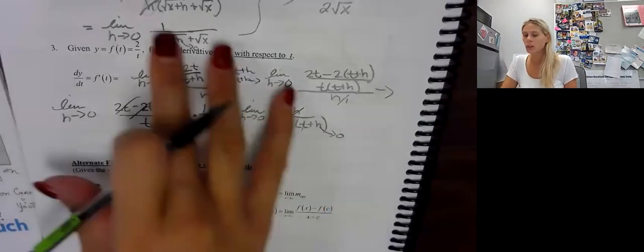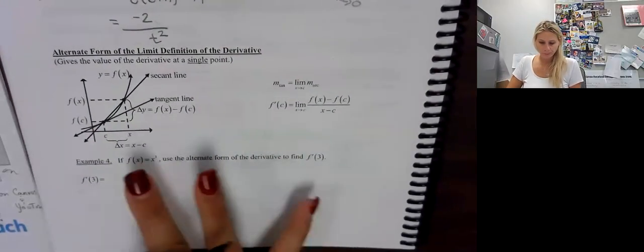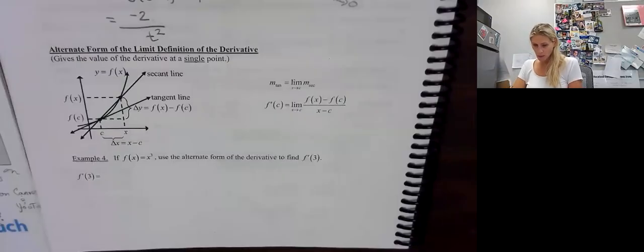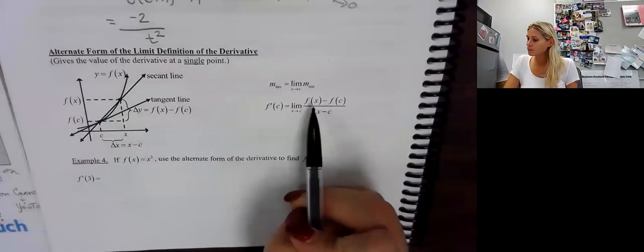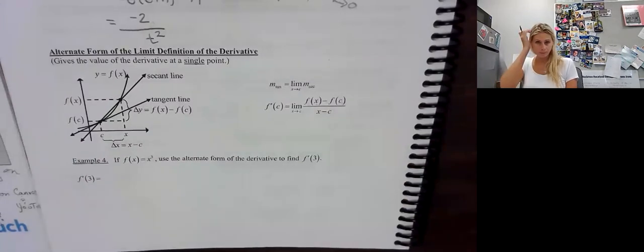Okay, so this is our general derivative. But the truth is, if we know what point we want already, we can use the alternate form of the limit definition, which in this case is f of x minus f of c, all over x minus c.